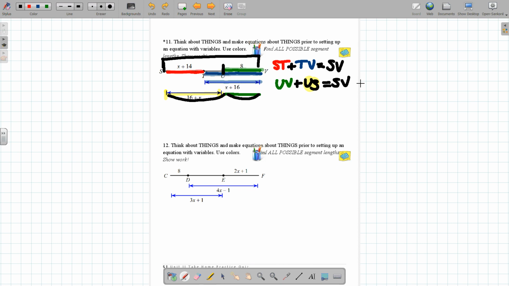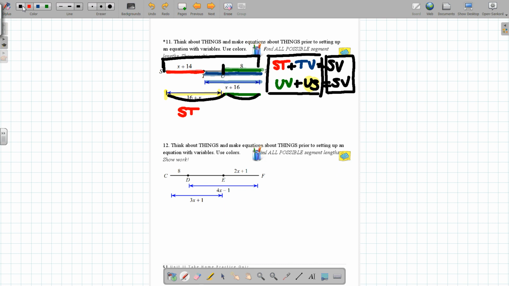Now, here's the connector. SV is congruent to SV. So if that is congruent, we can make these equal to each other. Ready? So we're going to color code this all along with me.